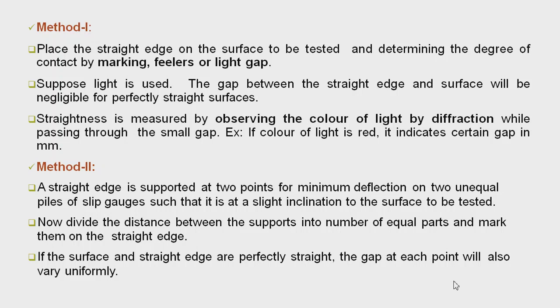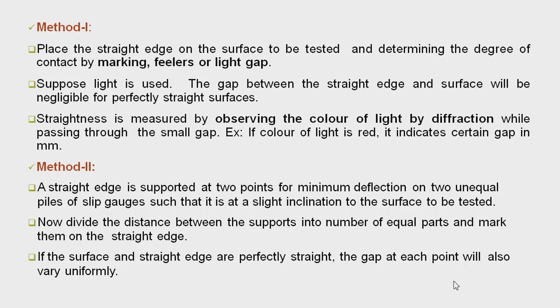It is measured by observing the color of light by diffraction while passing through the small gap between the straight edge and the surface. If the color of light is red, it indicates certain gap in millimeter. Similarly, if the color is violet, then the gap will be less.